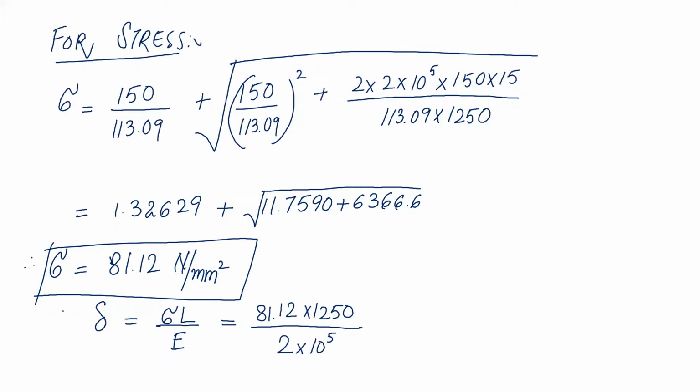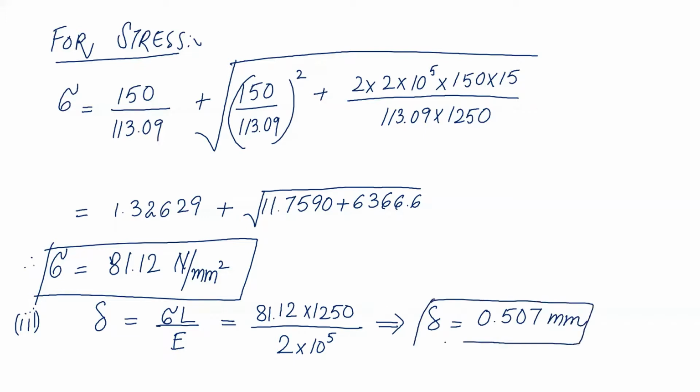So this is for the elongation, and this is part 2. It is asked in part 3 that you have to find out the area as well. So delta L is coming out to be, or you can say elongation, 0.507 millimeter. You can check the answers yourself.